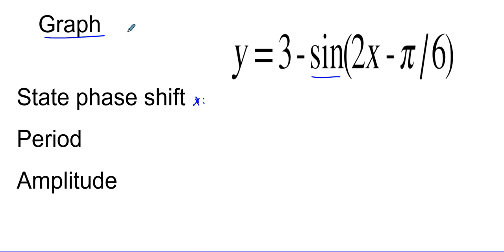If you recall the sine curve, we go from 0 to pi over 2 to pi to 3 pi over 2 to 2 pi. That's where our normal sine curve and cosine curve always start.